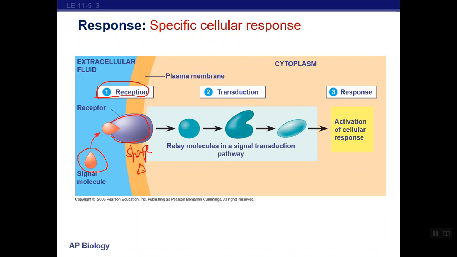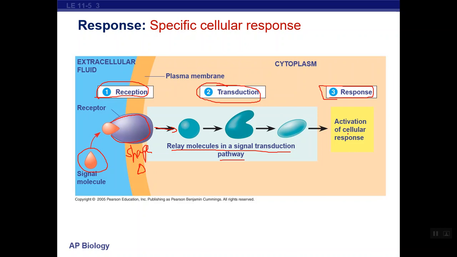I'll do a little delta here for shape change. That's going to prompt a series of signals getting sent through the cytoplasm of the receiving cell. This is called signal transduction. That signal ultimately activates some kind of cellular response.